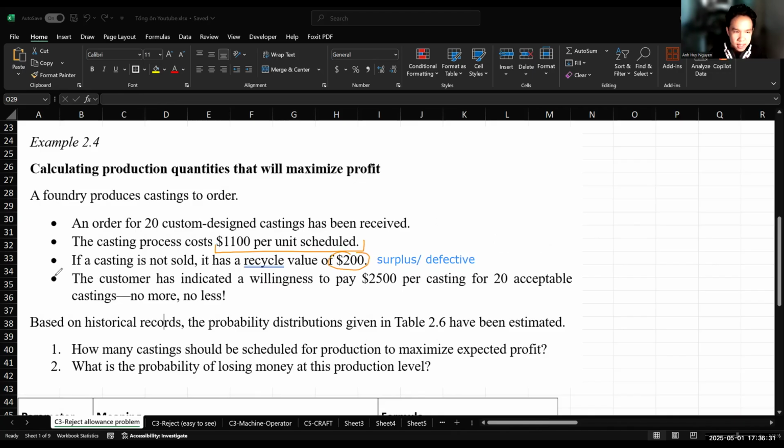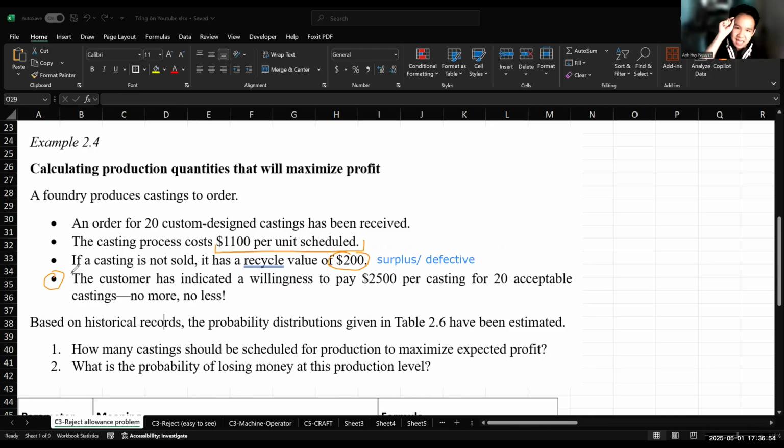And here is the catch. The customer only accepts 20 good castings. That's it. No more, no less. If you produce less than this number, they don't buy anything at all. So if you can only produce like 19 good castings, you are done. They don't buy anything.